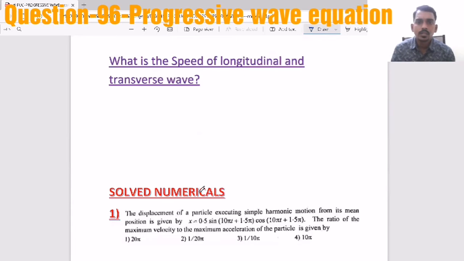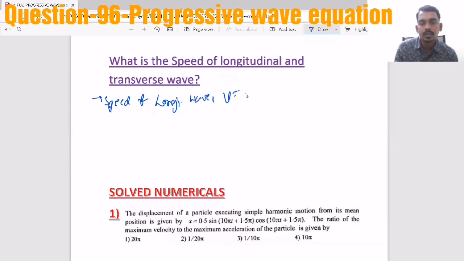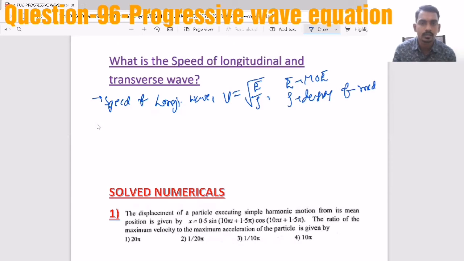Now, what is the speed of longitudinal and transverse waves? The speed of a longitudinal wave is given by root of E by rho, where E is the modulus of elasticity and rho is the density of the medium, solid or liquid or gas, anything.